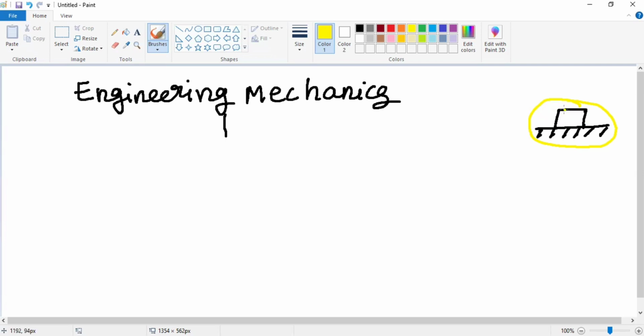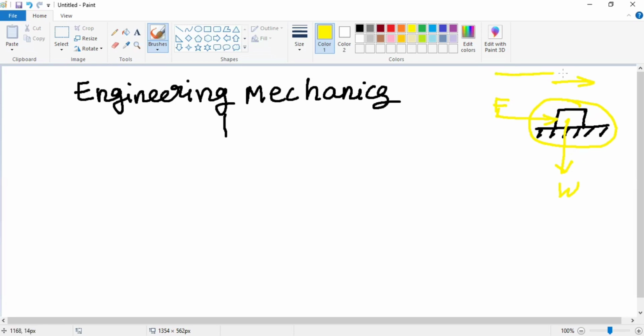Forces may be the self weight of the body, or if you apply any forces on the body, or the movement in the body.